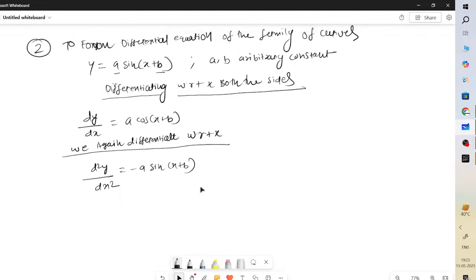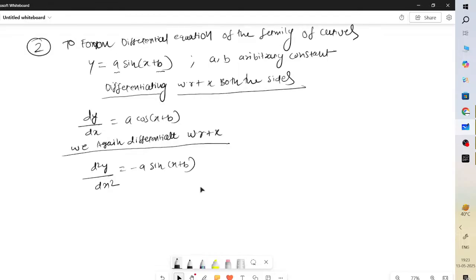Now what we do next? Any idea? So the value of given y is a times sin of x plus b, and earlier I told you before starting solving the question that we differentiate a number of times, like 1 time, 2 times, 3 times, so that we are able to eliminate these constants a and b, and we should write our differential equation in terms of only y and x variable.